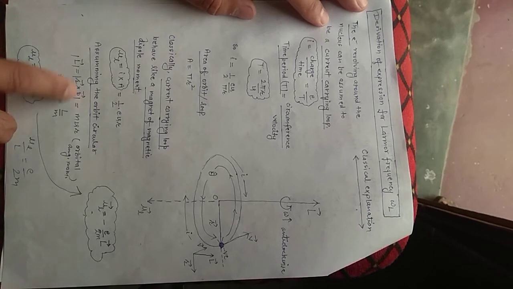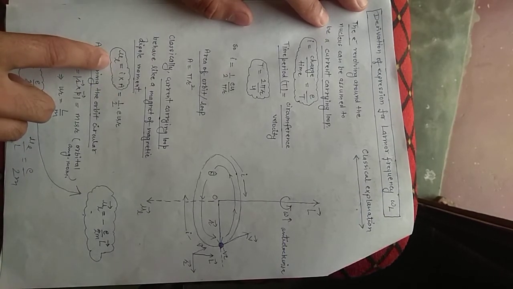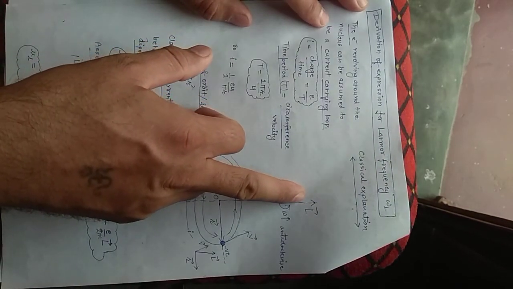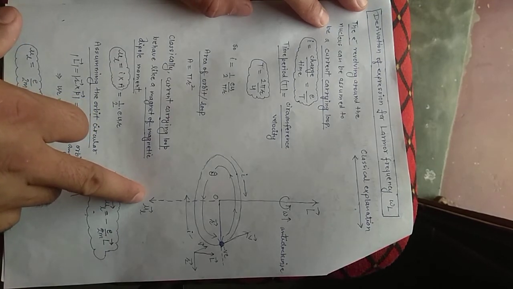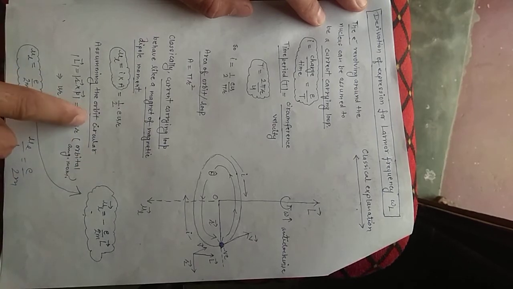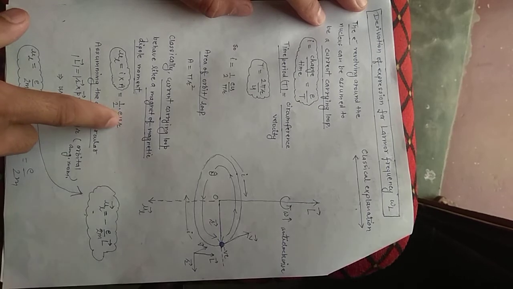Now why have we calculated it? Because here we want to find a connection between this orbital angular momentum and this magnetic dipole moment. So for this we need to compare the formula, or we will put the value of L here.